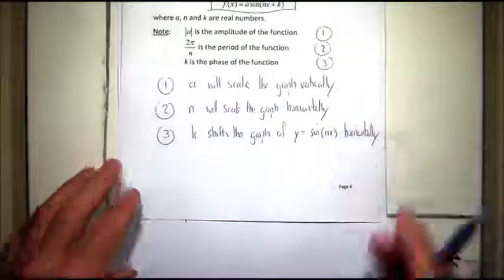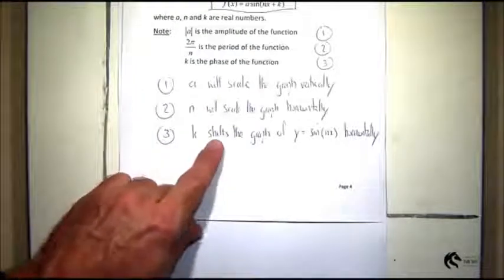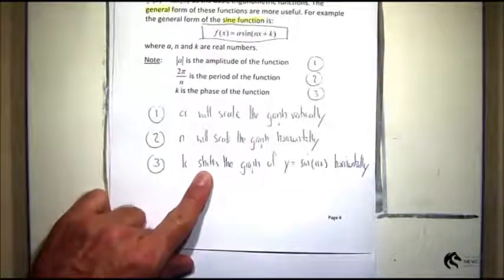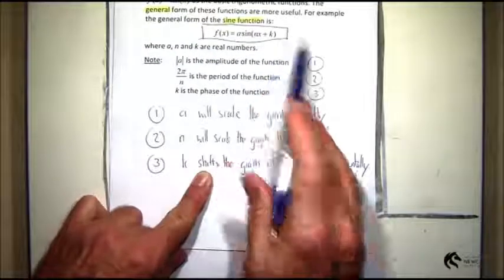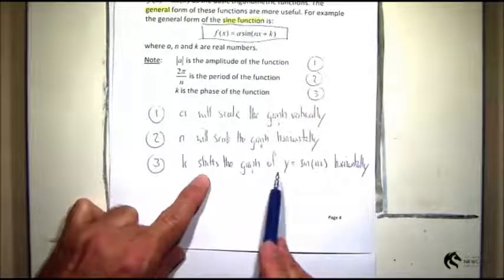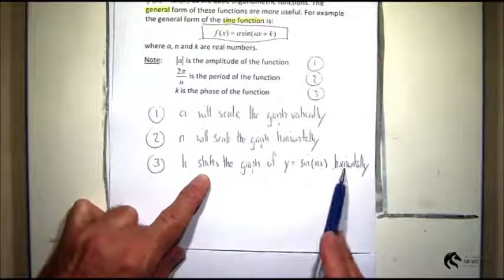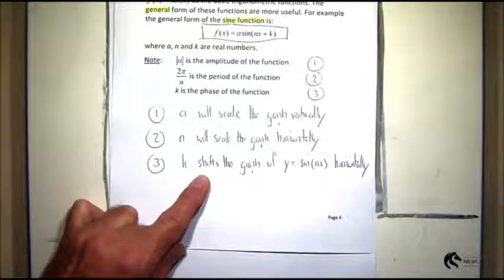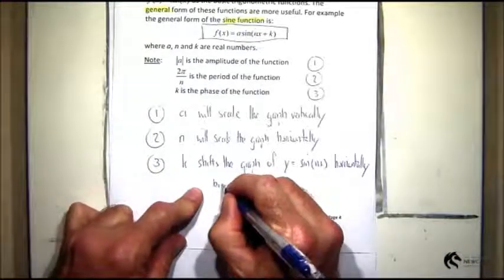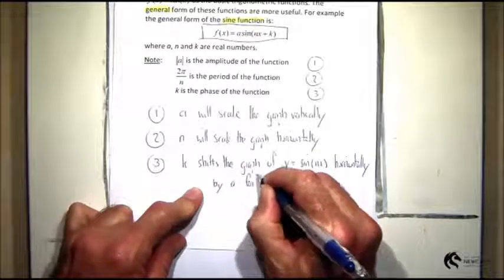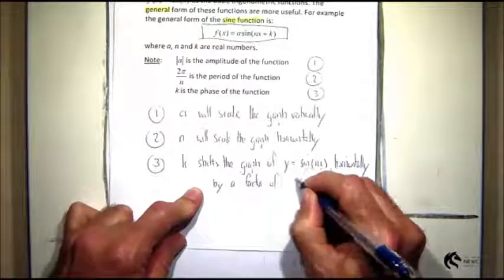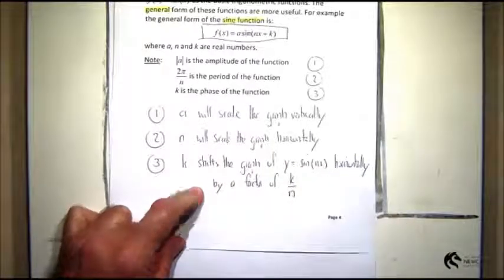Okay, here we go. Way back here, when we were talking about the general form of these trig functions, I said K shifts the graph of y equals sine nx horizontally. It might be useful if I added in here by a factor of k on n.